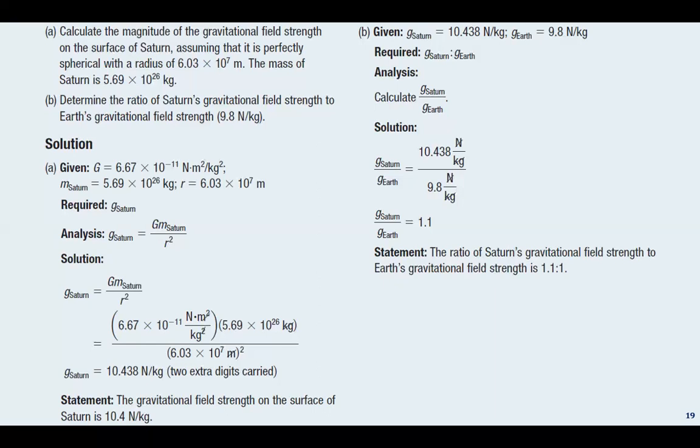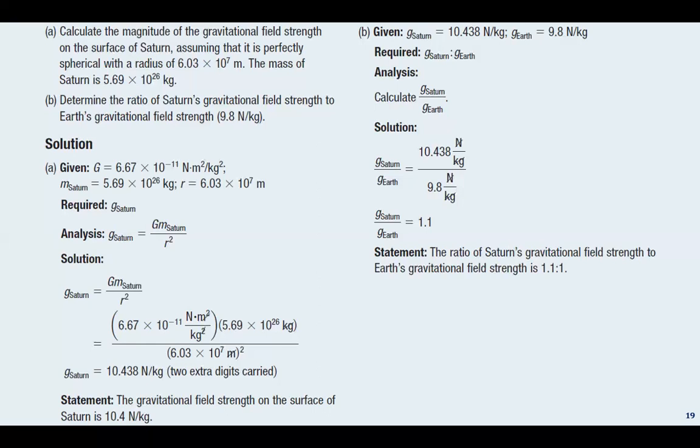Use the ratio between this number and the Earth's gravitational field strength, which is 9.8. Then we have the ratio is approximately 1.1. So the ratio of Saturn's gravitational field strength to Earth's gravitational field strength is 1.1 to 1. Any questions?